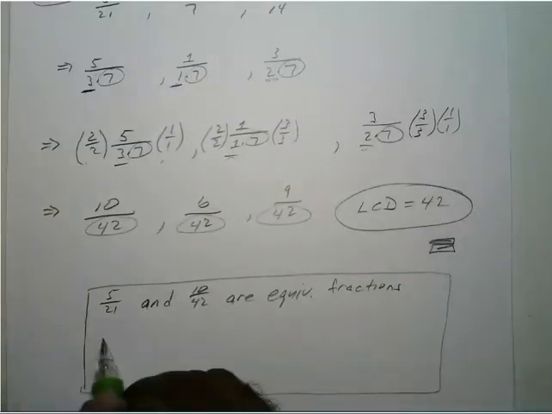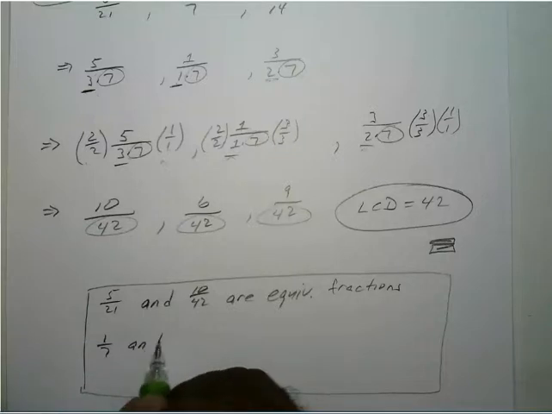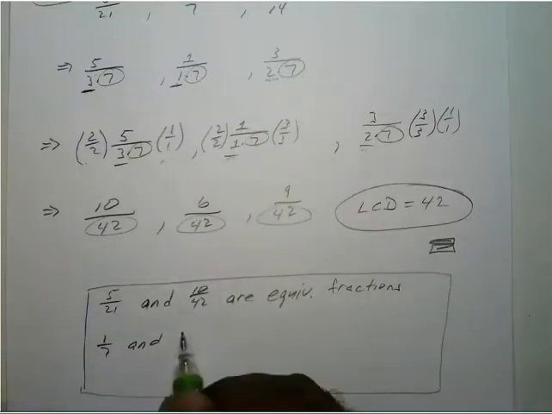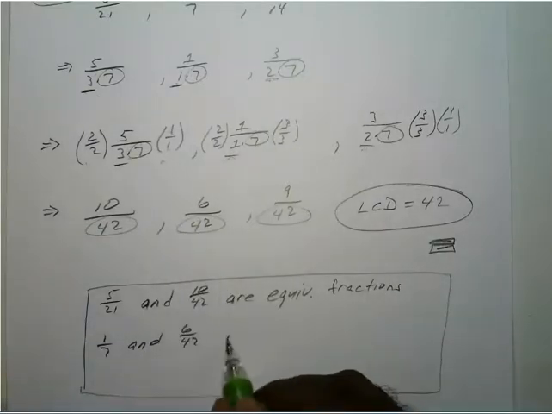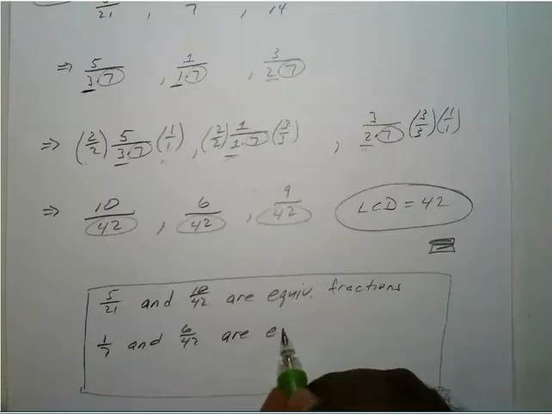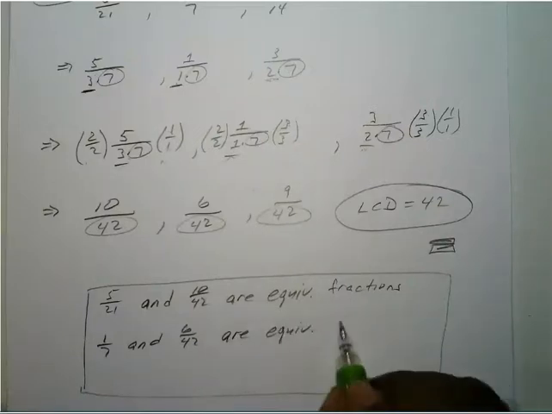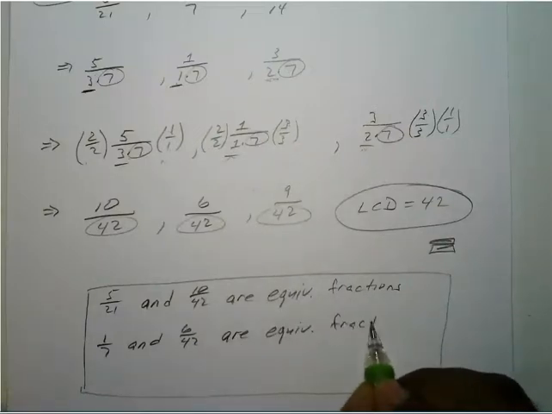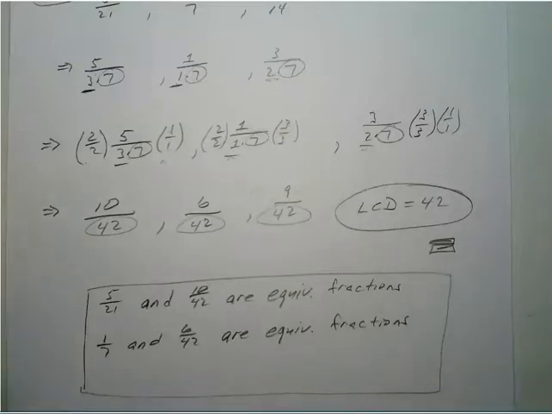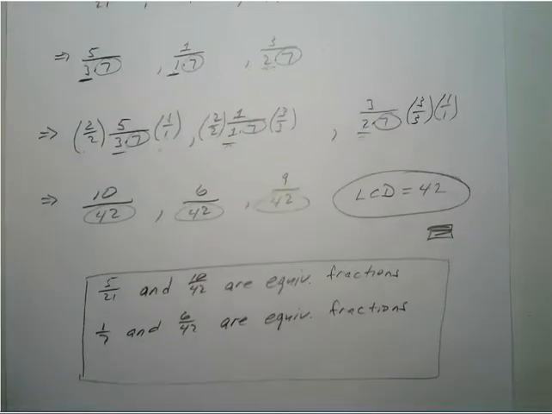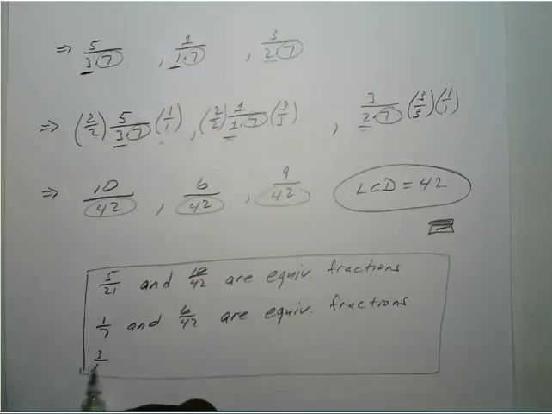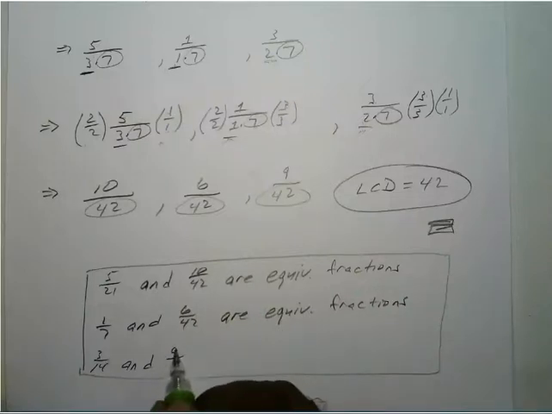And then you have 1 over 7 and 6 over 42 are equivalent fractions. And last but not least, you have 3 over 14. Let me move this up a little. And 9 over 42 are equivalent fractions.